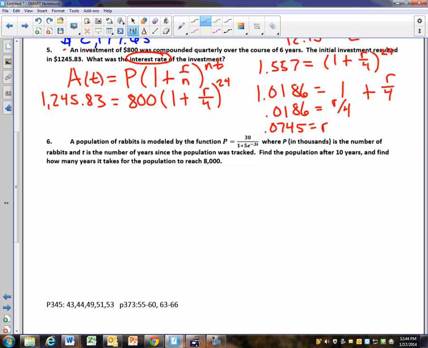If that's r, what's the percent? 7.45%. Well, these would be the same. I would accept either on the test, which you're not going to have.